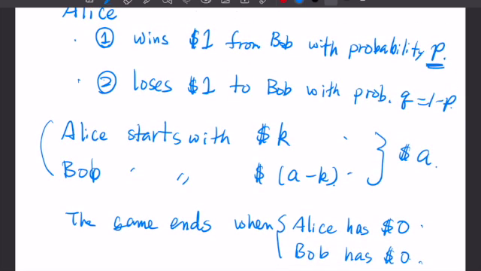So this probability p and q is the probability of winning or losing one play. And we can repeat this play until Alice loses all the money or Bob loses all his money. So we want to calculate the probability of these events. So this is the gambler's ruin problem.